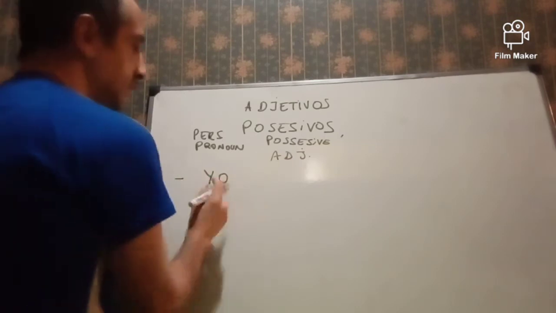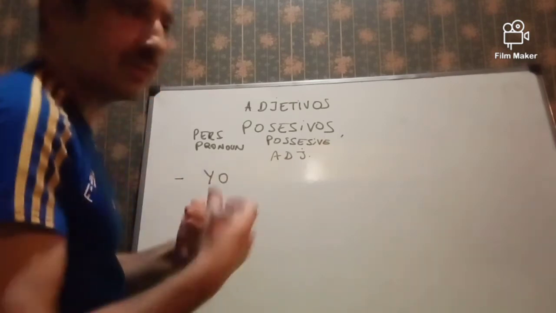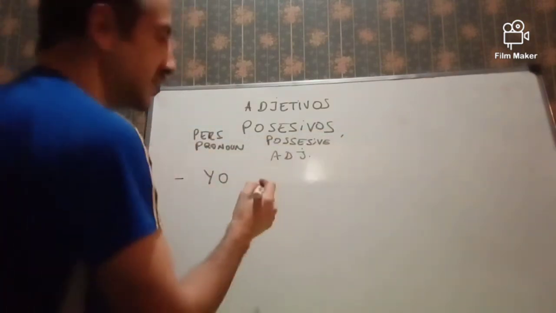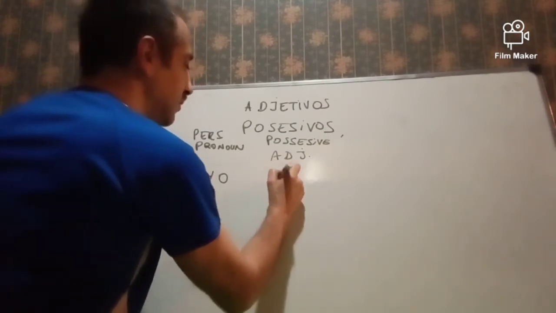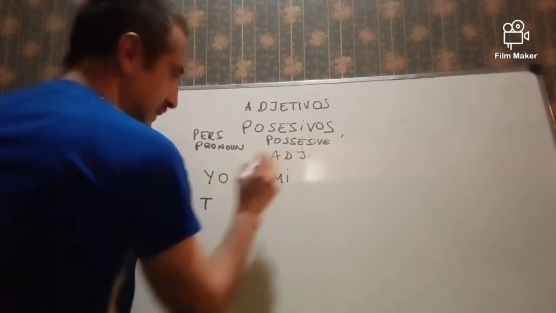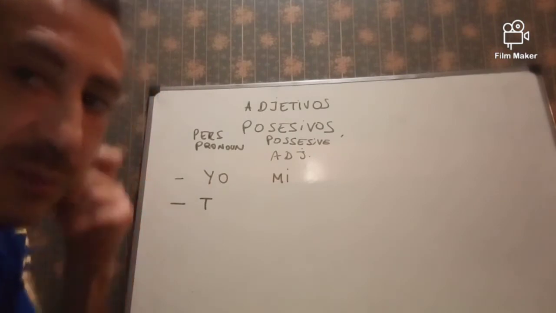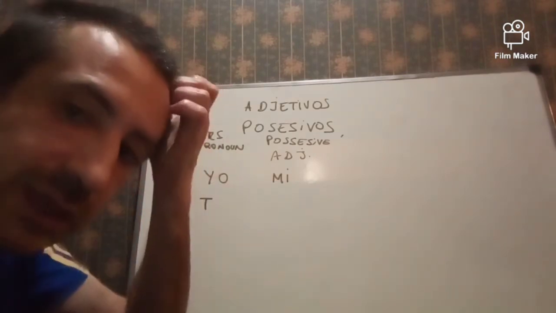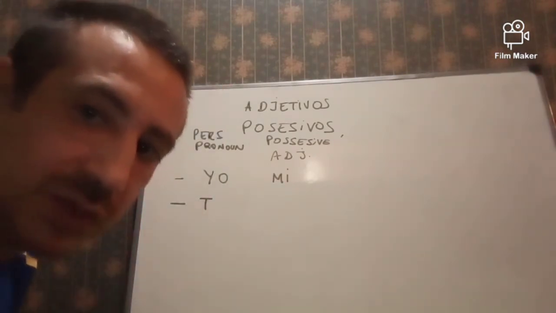For the first person, yo soy Sergio, esta es mi gata. This is my cat, mi. We have to divide it into singular and plural, because in Spanish we make changes according to number.